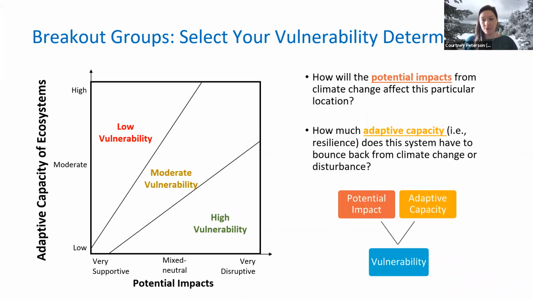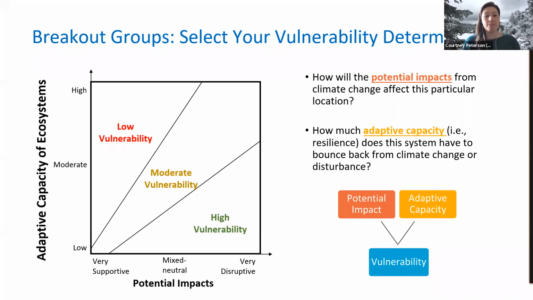So now what we want to do is, based on some of those conversations you were just having about some of the highest impacts that you rated earlier, and also starting to think about how much adaptive capacity your system has, or maybe some of those management topics to bounce back from climate change or some of those larger disturbances, how would you rate the vulnerability of your project?